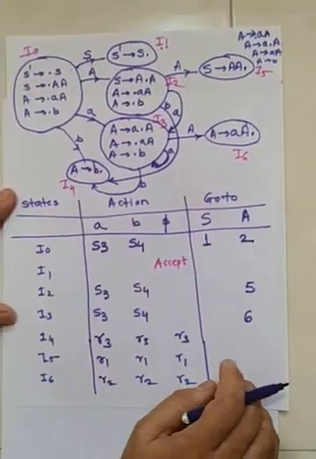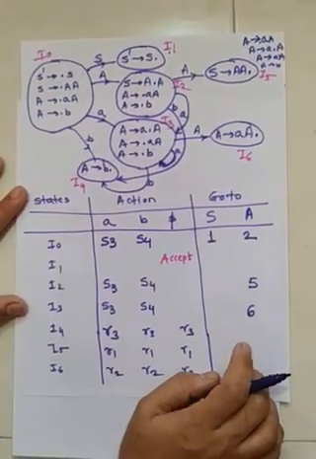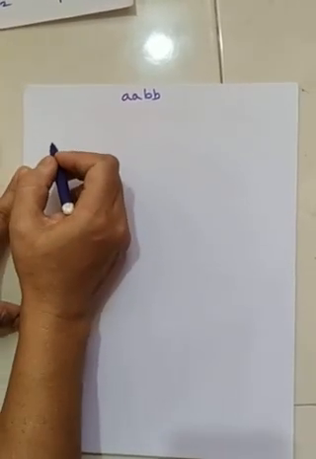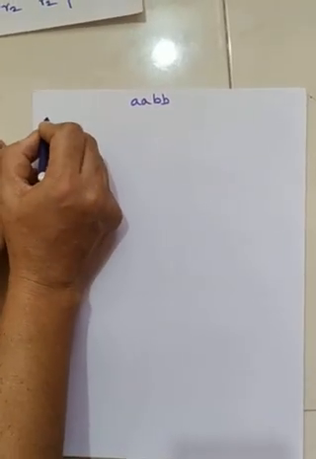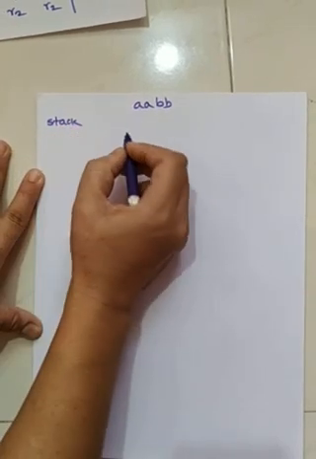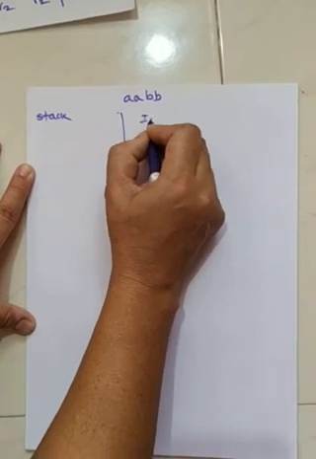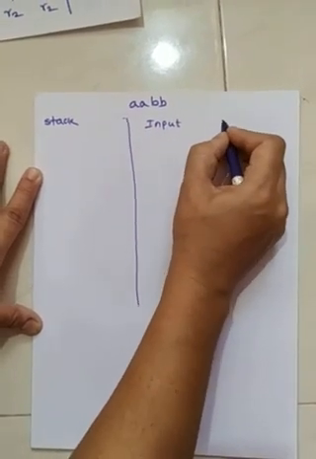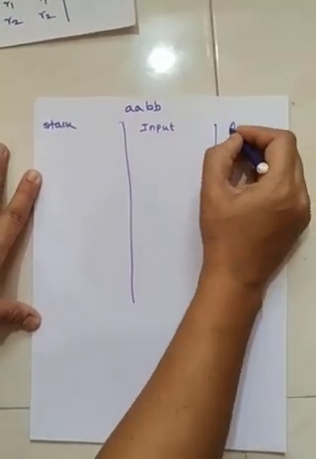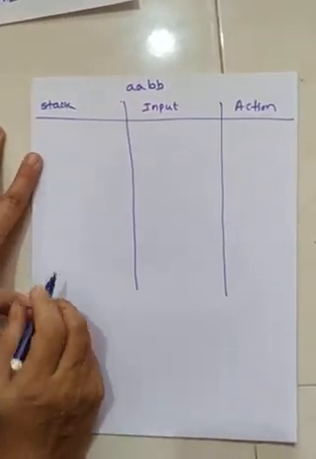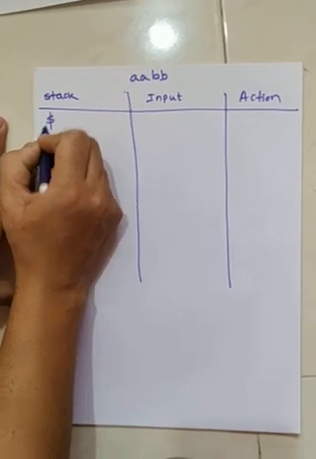Now the next step is what? Now we have to parse our input string. Our input string is AABB. So we will perform a stack implementation for this. So again we prepare a next table. It will contain stack, then input, and action. The stack will always have a dollar sign.